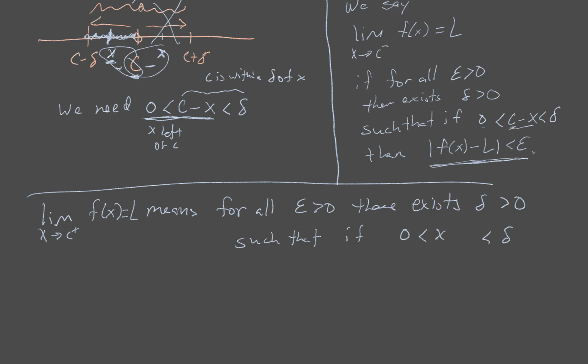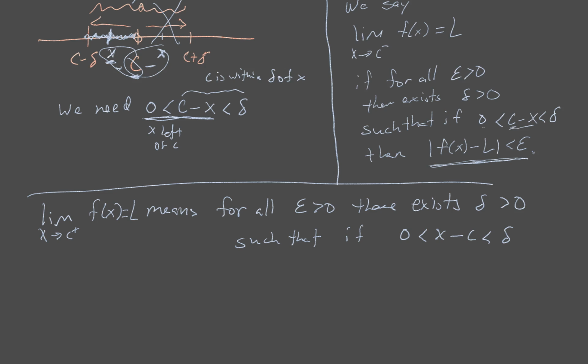So I'm going to take x minus c, and that's the distance from x to c as long as x is bigger than c. And I want x to be bigger than c, so I want x minus c to be bigger than 0. And I want this distance to be less than delta, so I want this inequality, right? I've just switched the x and the c from the left-hand, which means I'm coming in from the other direction.